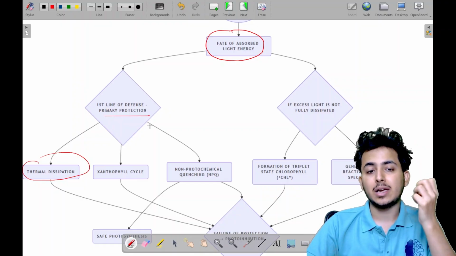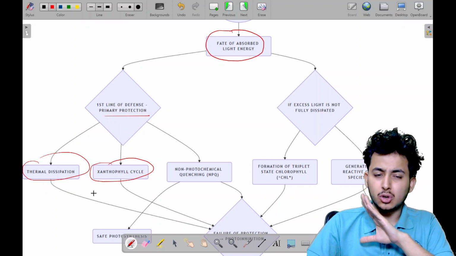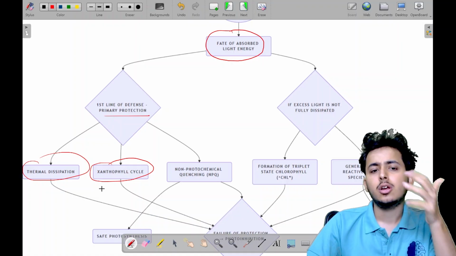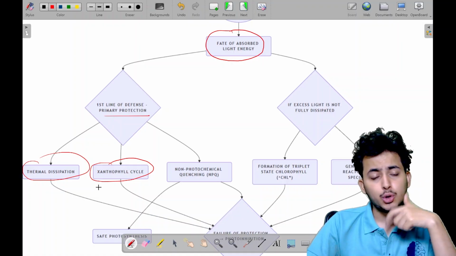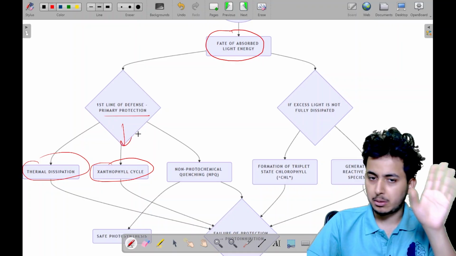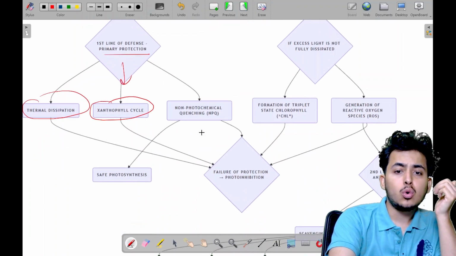That is one mechanism. Another is something we call the xanthophyll cycle. Let's not go into detail of the xanthophyll cycle because that is not important from your exam point of view, but it is another first line of defense. That is something you have to remember. And the next can be non-photochemical quenching.